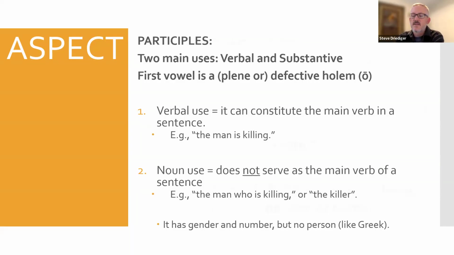But in Hebrew, if all you find is a participle, treat it like that's the thing that's happening. When it's used as a noun, it does not serve as the main verb of a sentence. So if you have a finite verb and a participle, your finite verb is going to be the main one. If you don't have the finite verb, your participle is going to be where it's at.